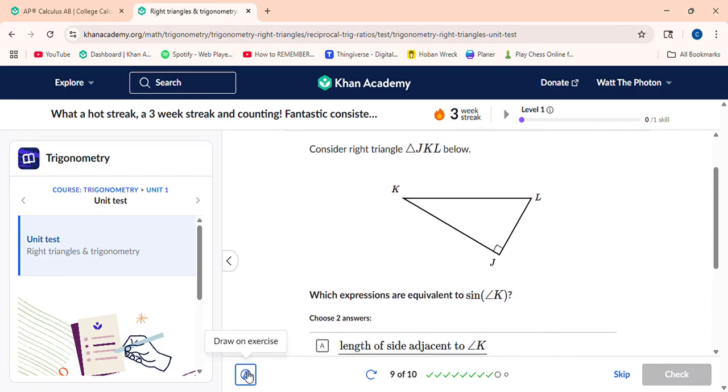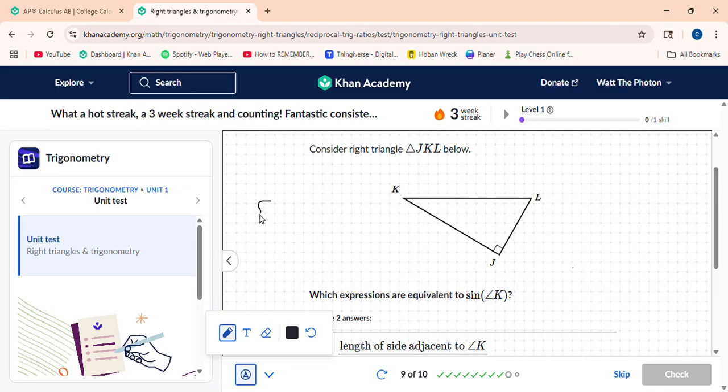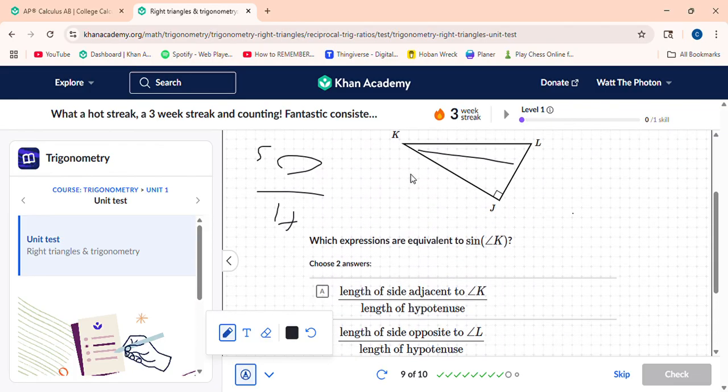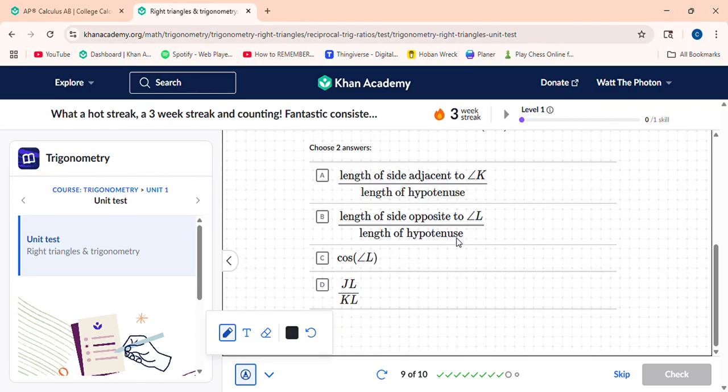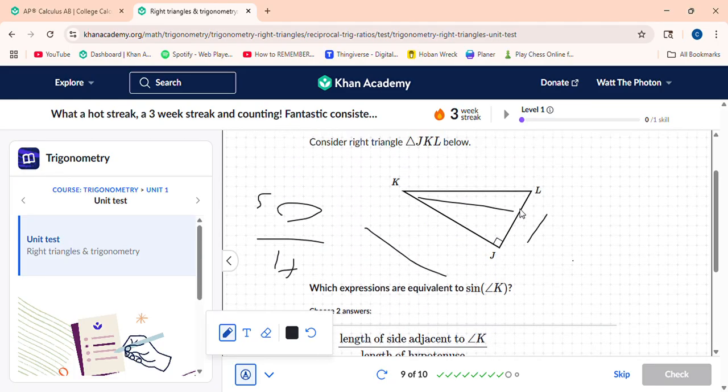Sine of K is opposite over hypotenuse, so opposite is L to J over K to J. So that's wrong. Cosine of L.